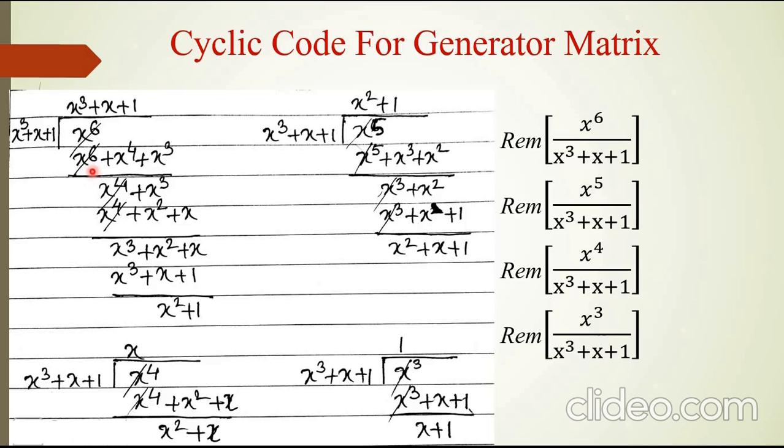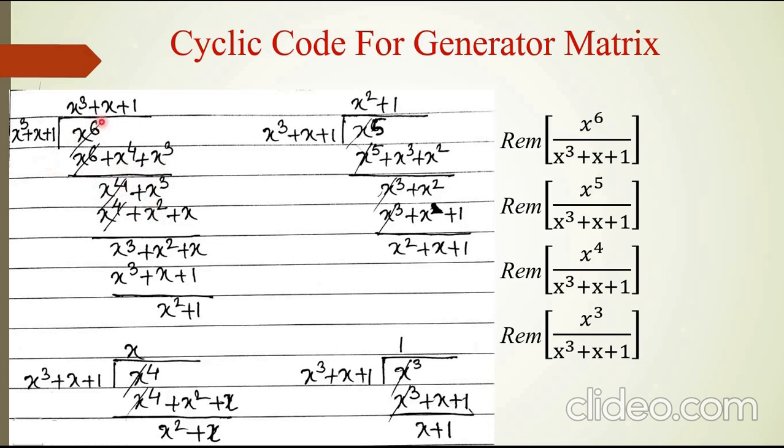Then modulo 2 addition, so this x to the power 6 will get cancelled, and it will be x to the power 4 plus x cube.